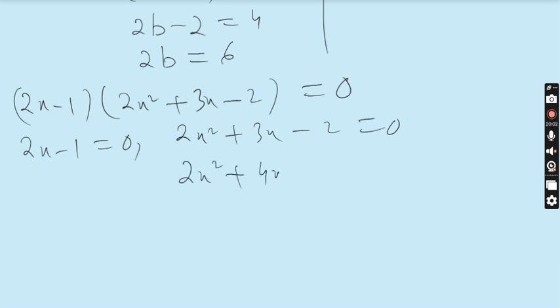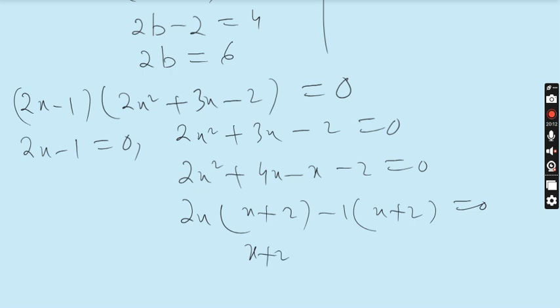Apply the middle term method. 2x squared plus 4x minus x minus 2 is equal to 0. 2x(x plus 2) negative 1(x plus 2) is equal to 0, (x plus 2)(2x minus 1) is equal to 0.